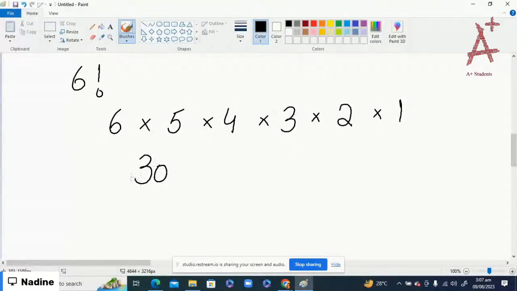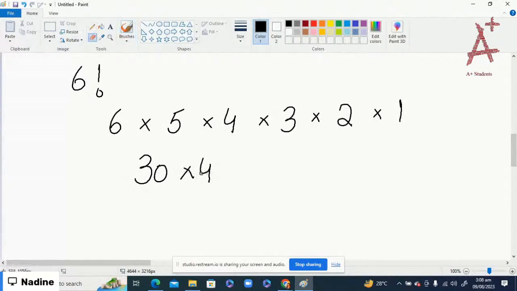Now multiply this 30. Good. Now multiply 30 with 4. What's the answer? Is anyone able to answer? It's 120.